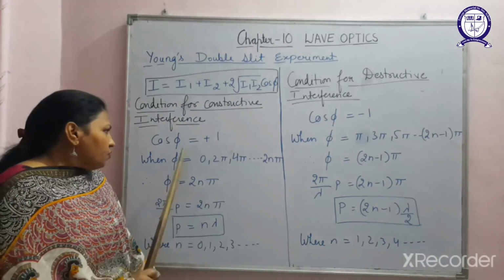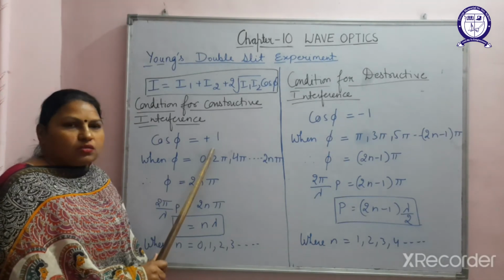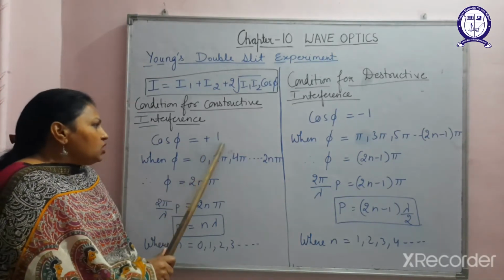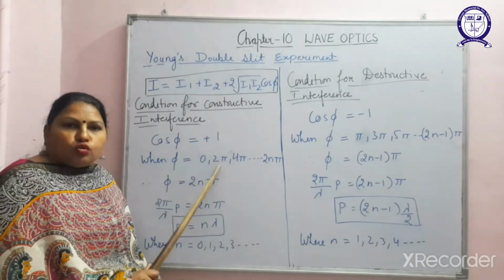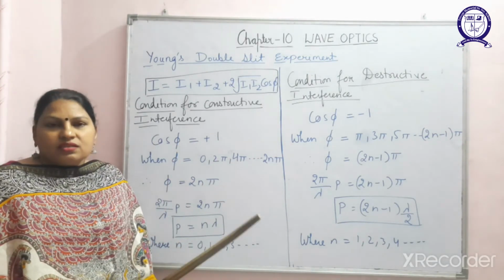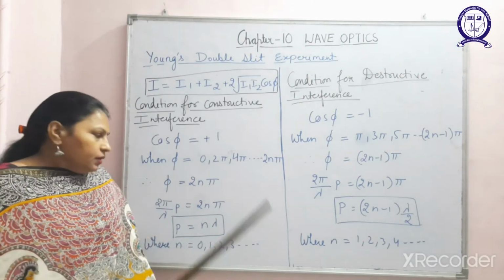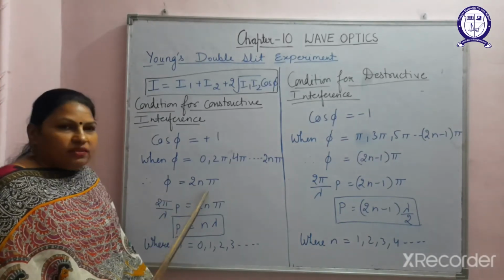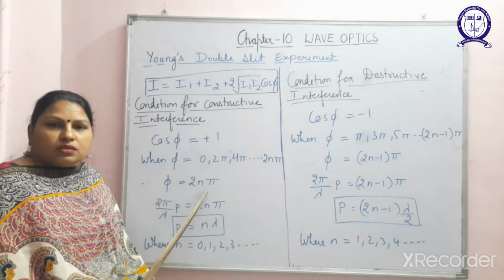So we have cos phi should be equal to plus 1. How can we get plus 1? It is only at 0, 2 pi, 4 pi, or the generalized condition, an even integer multiple of pi. So phi should be equal to 2n pi.